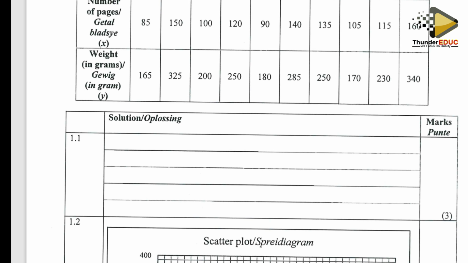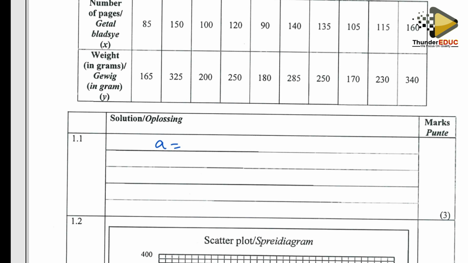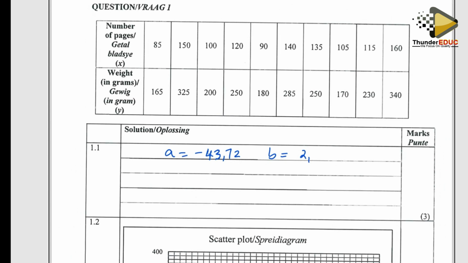So we said a is negative 43.72, then b is going to be 2.36. So our y is going to be negative 43.72 plus 2.36x. Okay, so that is the first part.